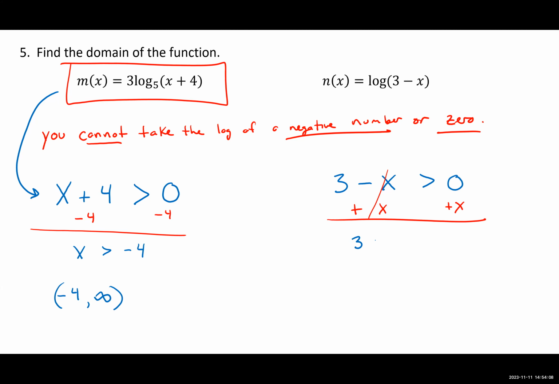So we get 3 is greater than x, or x is less than 3. So x is any number below 3: negative infinity up to, but not including, 3.